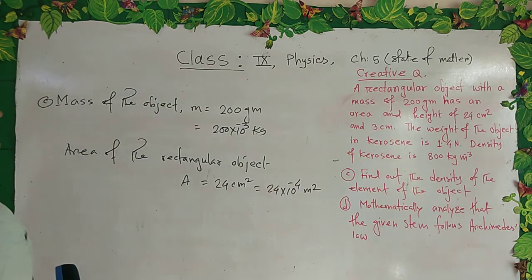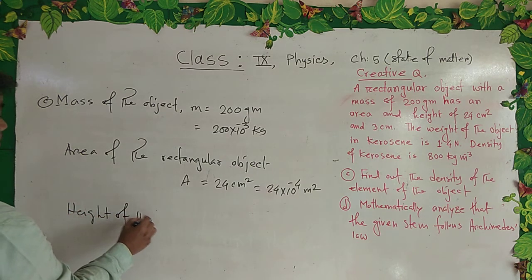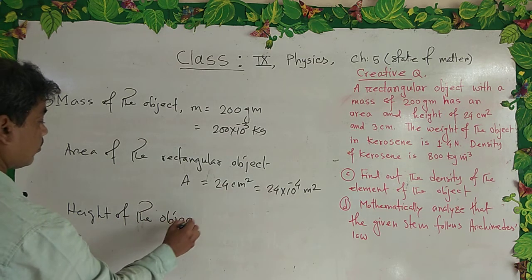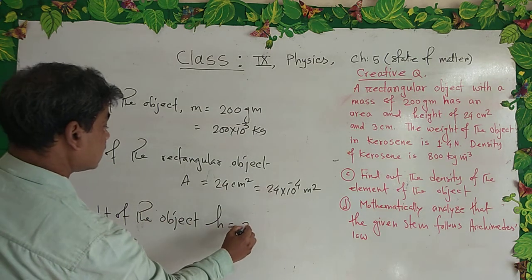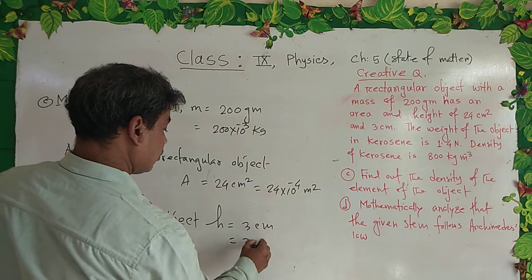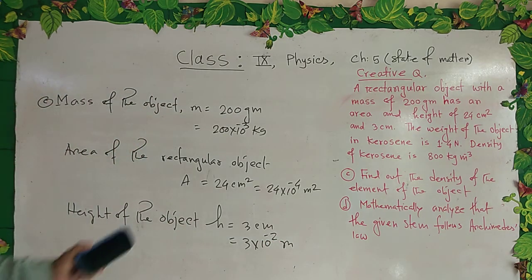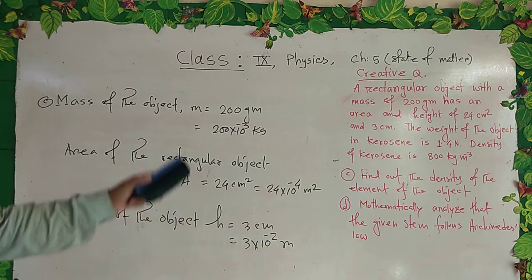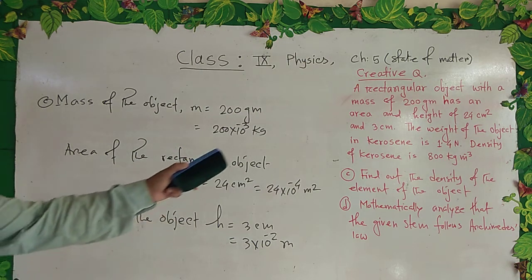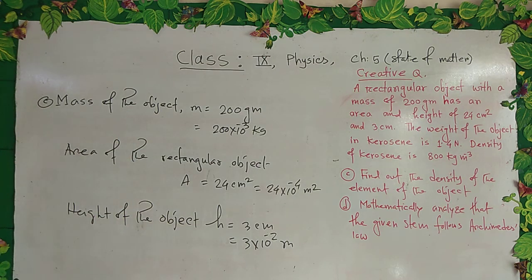And the height of the rectangular object is equal to 3 centimeter. It gives 3 into 10 to the power minus 2 meter. Also it is given that the density of kerosene is 800 kg per meter cube, and from this information we are to find out the density of the element of the object.